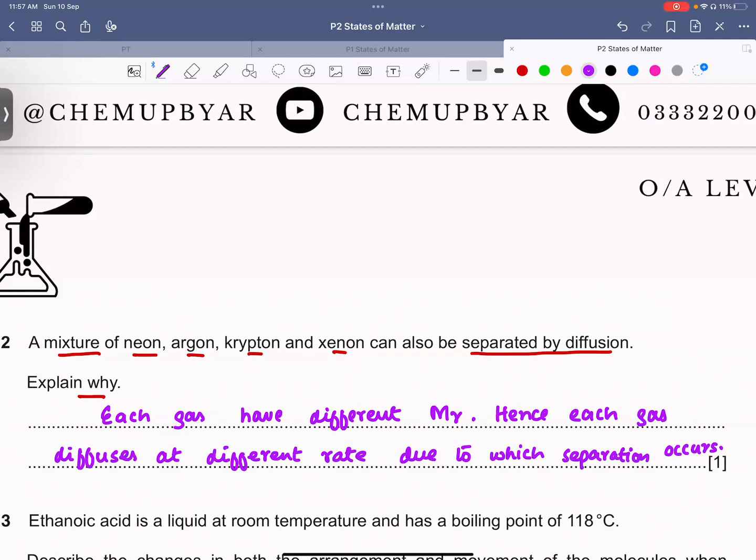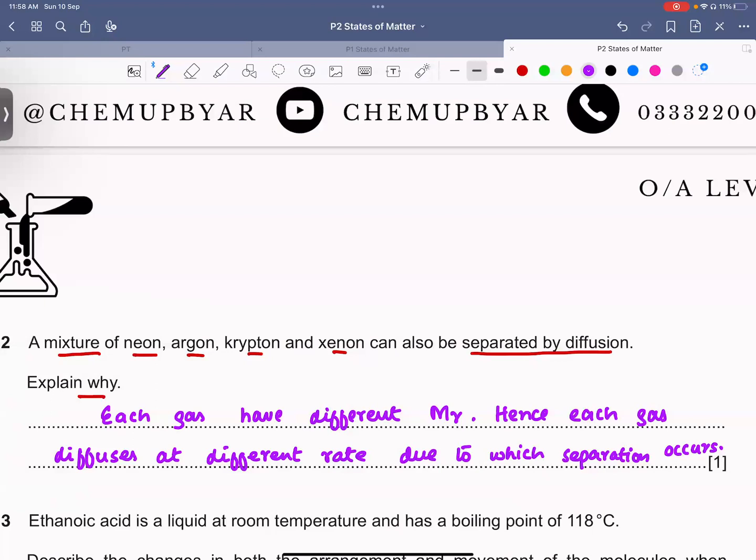If anyone of you has any question, do ask. Sir, can you please re-explain? See, each gas is moving with a different speed. If each gas is moving at a different speed, each gas is going to get away from the other gas.